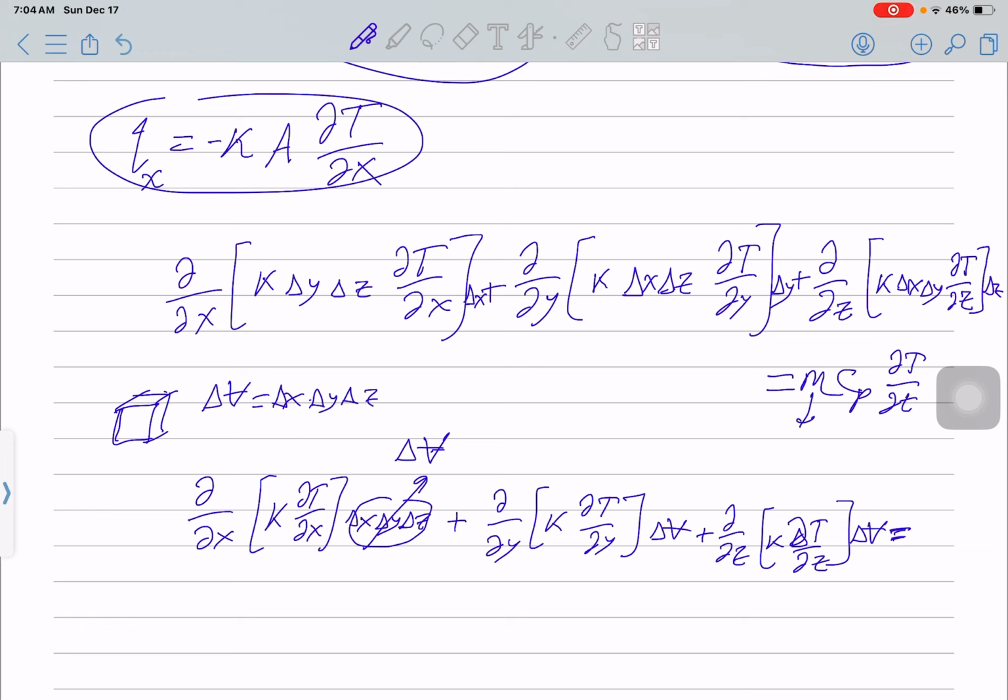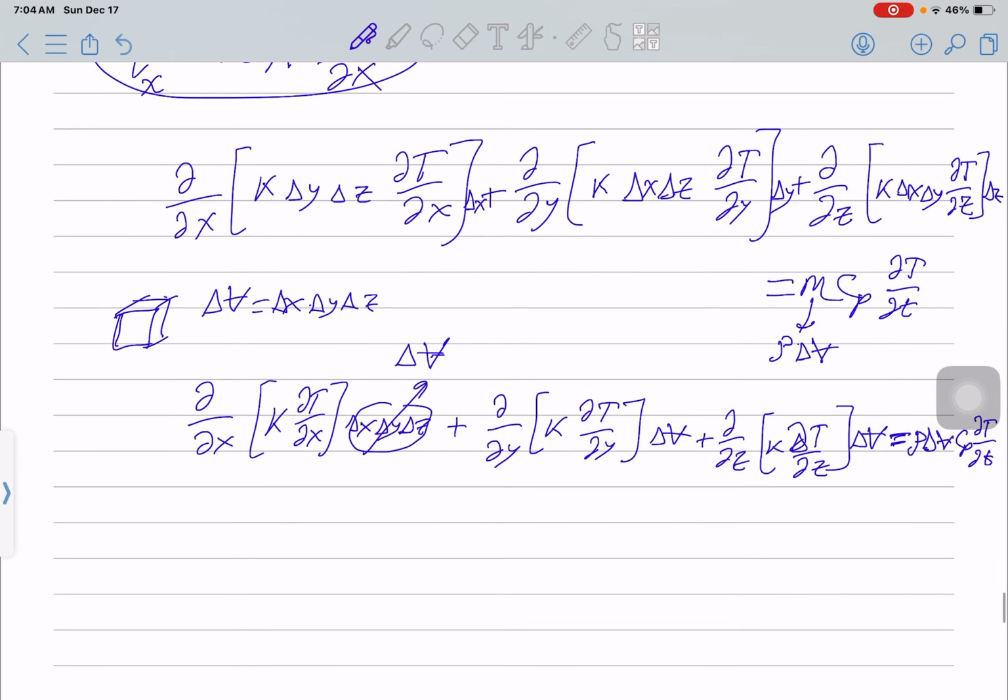m here can be replaced with rho multiplied by delta v because mass equals the density multiplied by the volume. So we'll have rho delta v cb partial temperature by partial time. So we can divide out by delta v.